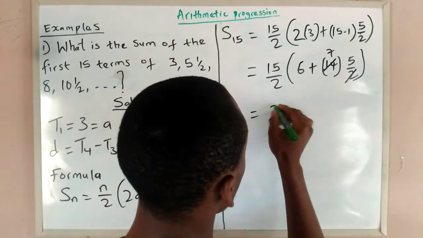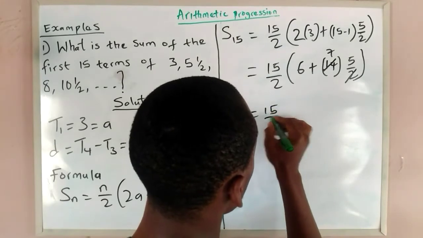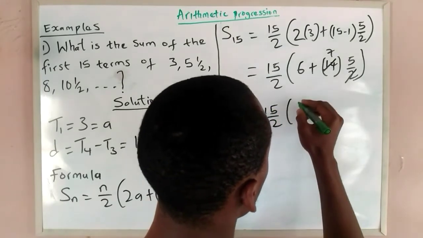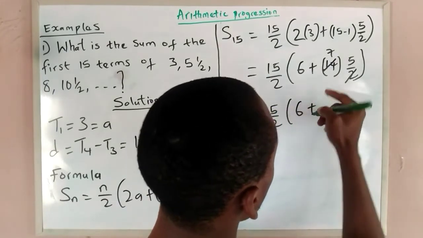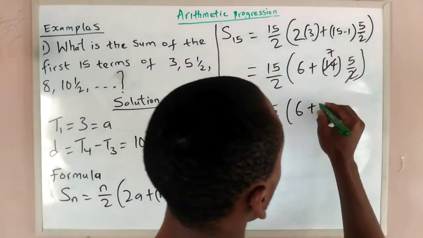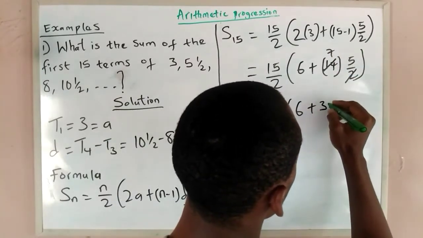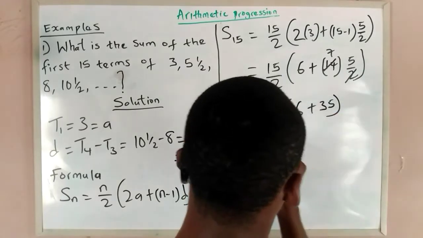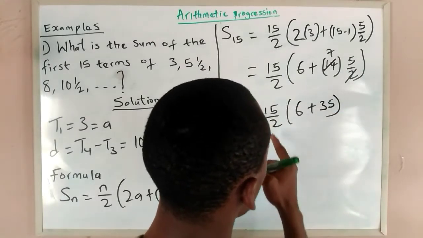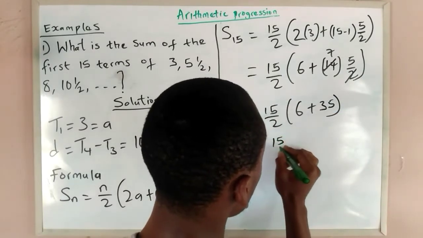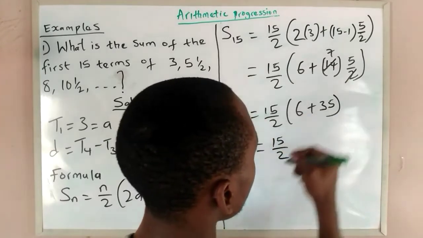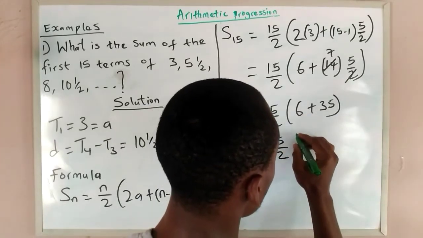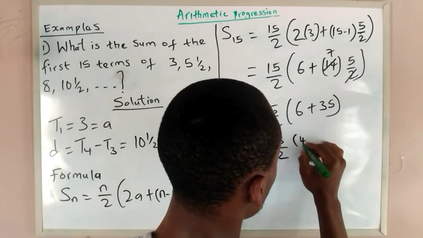So we have 15 over 2 into bracket 6 plus 7 times 5, that will be 35. So we are going to have 15 over 2, 6 plus 35, that will be 41.